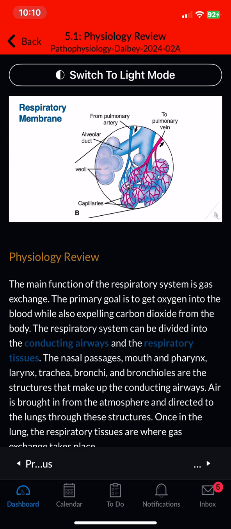The alveolar walls are a single layer of squamous epithelial cells, and the majority of them are called type 1 cells. Scattered throughout are another type called type 2 cuboidal cells, and they secrete surfactant. Surfactant is a detergent made of lipid and proteins.